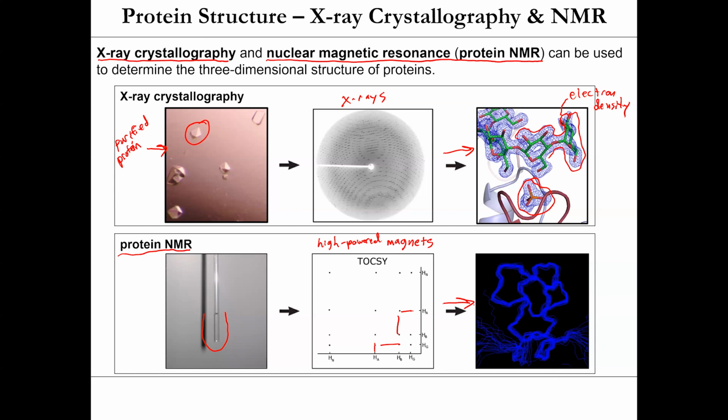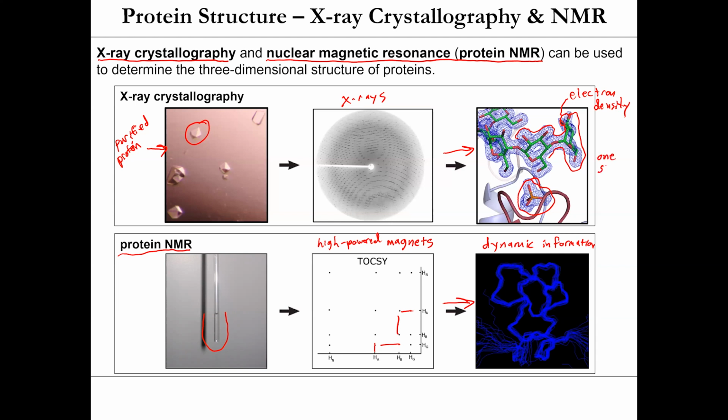There are some size limitations to this, so it doesn't work very well on insanely large proteins, but it does work well on a lot of different proteins, and it also provides you more information on the dynamics of the protein, so how the protein moves in three-dimensional space and how it maybe interacts with other proteins. With X-ray crystallography, you're a little bit locked into one particular state of a protein.